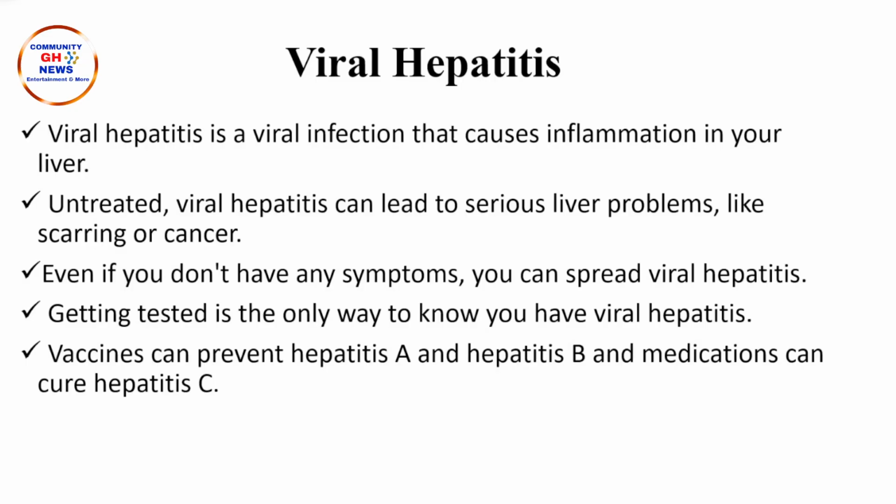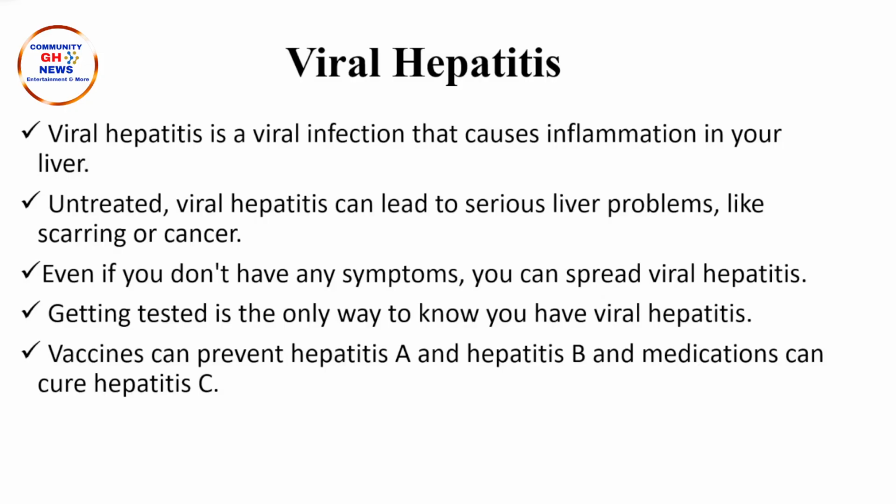With viral hepatitis, it's just a viral infection that causes inflammation to our liver. If it is left untreated, it can lead to a lot of serious problems in our body. As I said, if we have a healthy liver, it moves on to fatty liver, it becomes fibrotic, it becomes cirrhotic, and eventually it can lead to cancer.